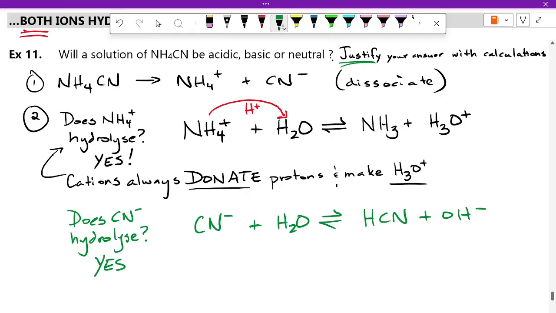We should also check to see if the anion is amphiprotic. I forgot to do that. Is it amphiprotic? No. So we don't need to worry about that.